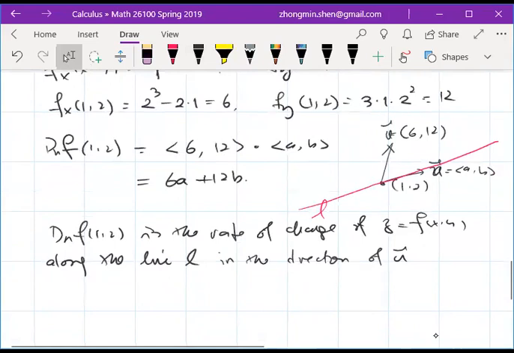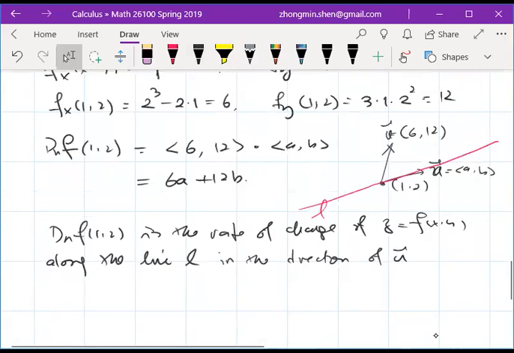However, when we talk about the direction, we normally use a unit vector to tell the rate of change. Otherwise it depends: if you use a longer vector, the rate of change will be changed.